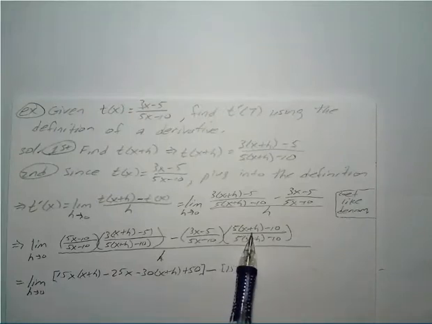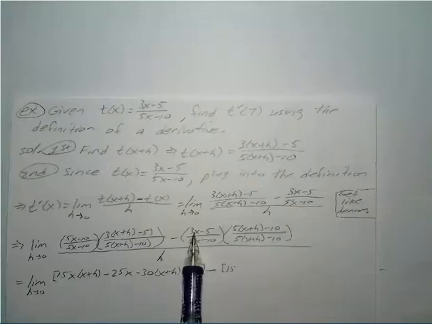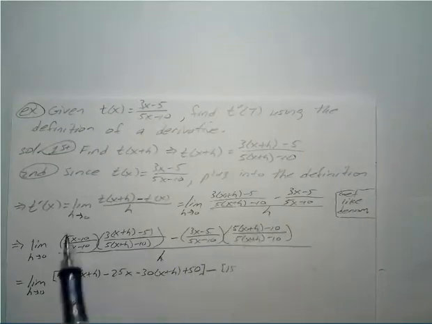I kept the x plus h because that would just make it more complicated. It's easier to keep it as two terms. So that's why we didn't distribute the 5 here or the 3 there.